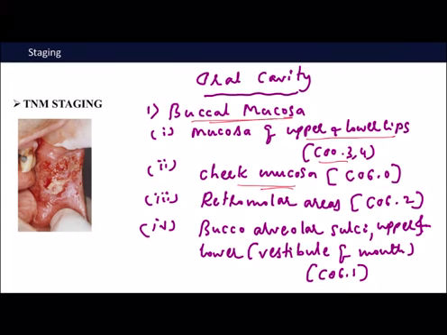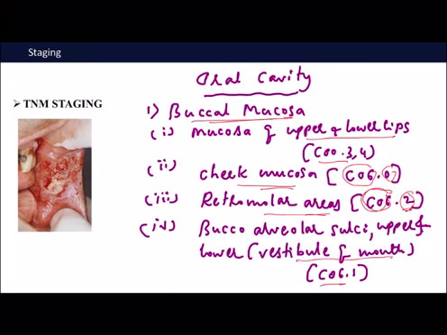And for the cheek mucosa, C06.0. For the retromolar area, C06.2. Now this can vary sometimes. This can be standardized, and sometimes for particular areas this can also be varied, right? So bucco-alveolar sulci and upper and lower vestibule of the mouth, the code has been given as C06.1.